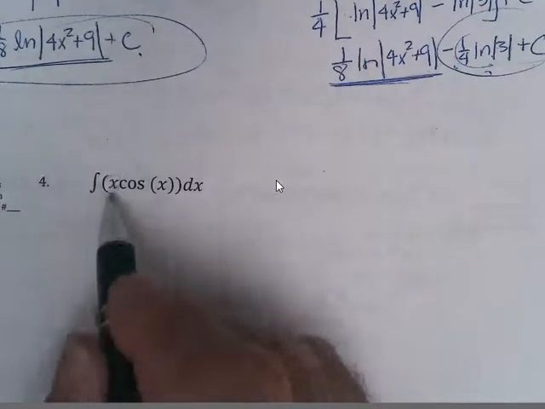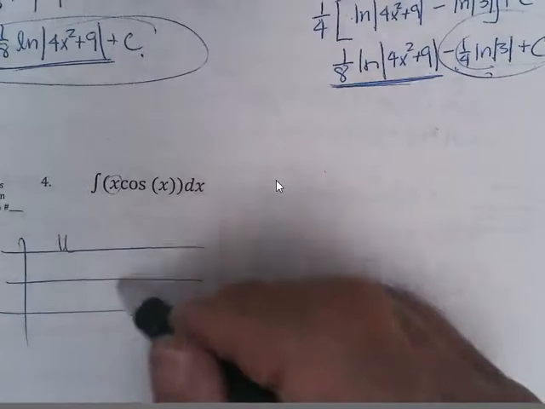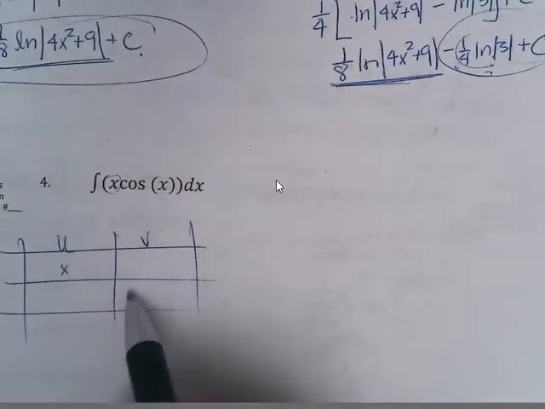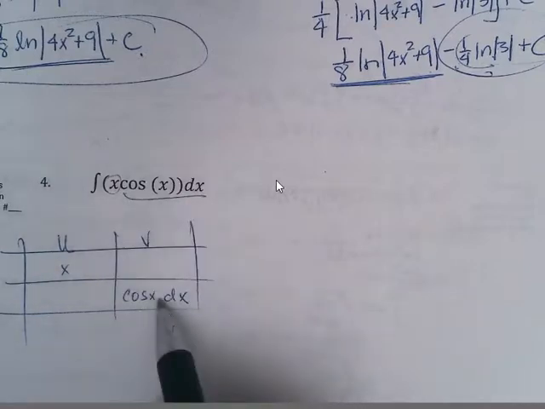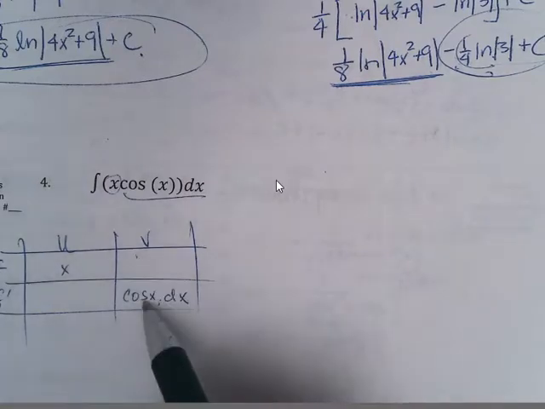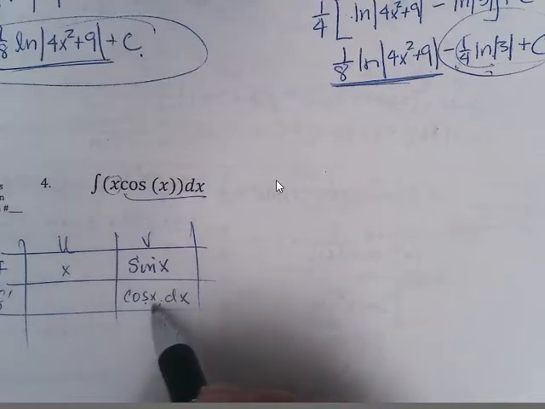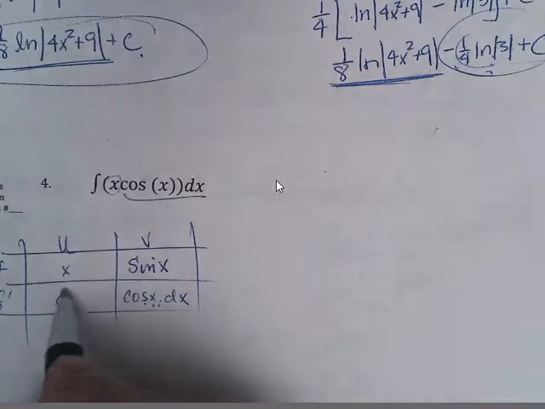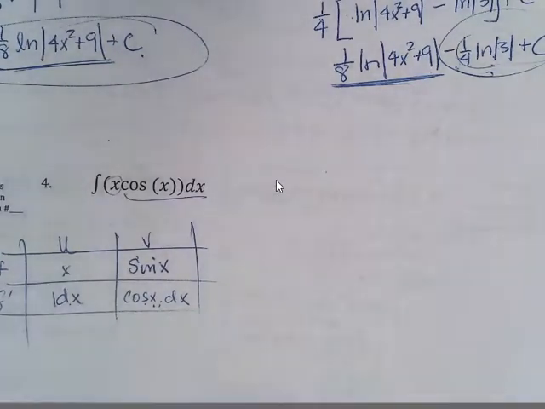And the parts, we usually let that be the part that we take the derivative of. So if I put x here and the cosine x dx here, this down as v prime, and find v, so what we take the derivative of, that would be sine of x's derivative is cosine. And the antiderivative here, this would be dx, 1 dx, derivative of x is 1 dx.